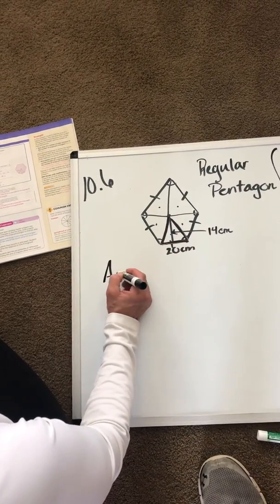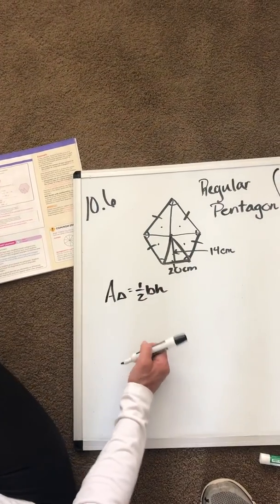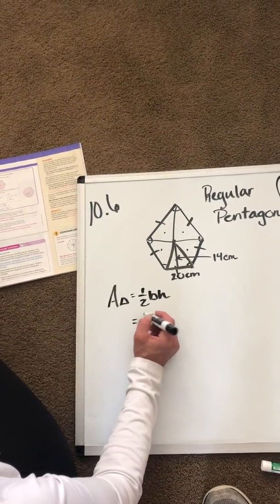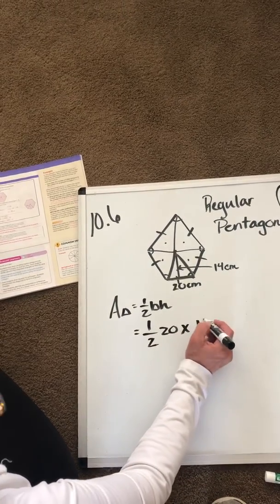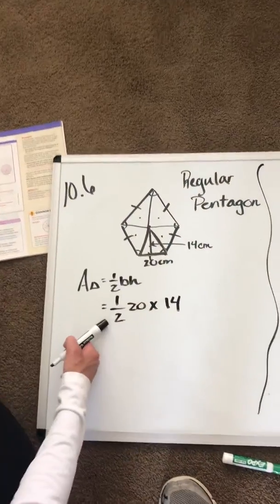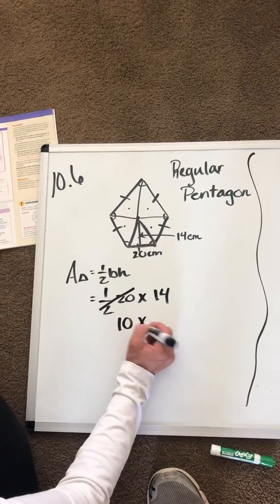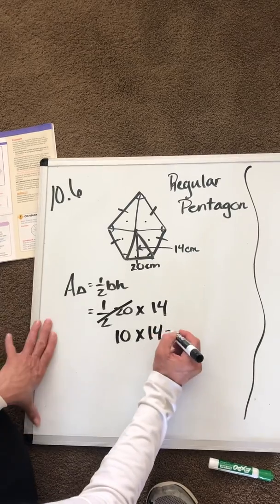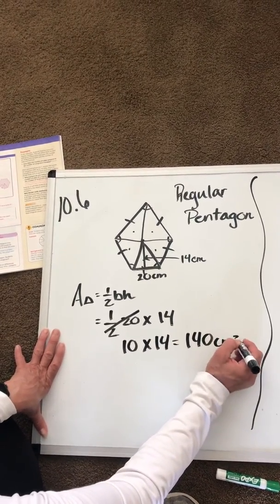So the area of a triangle is 1/2 base times height. So using this information, we're going to find 1/2 of 20 times 14. Mentally, I know that 1/2 of 20 is 10, and 10 times 14 equals 140 square centimeters.